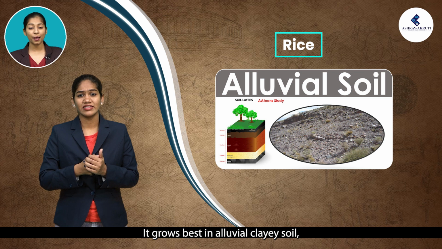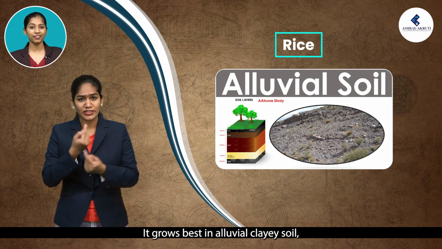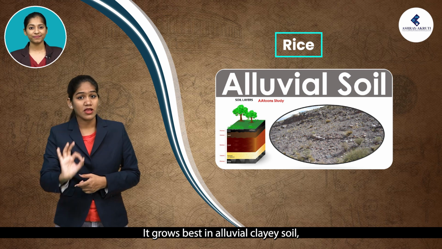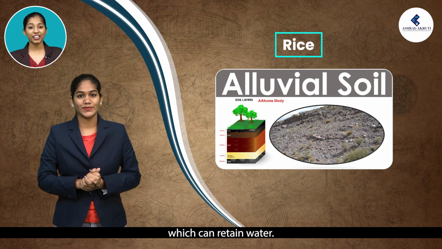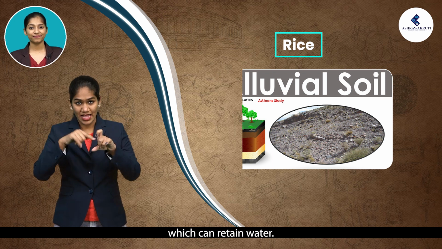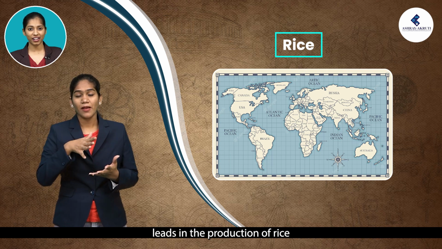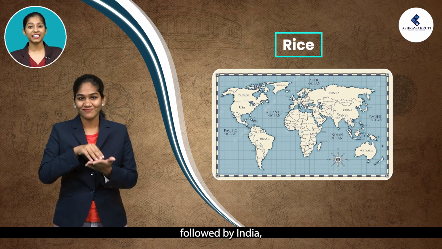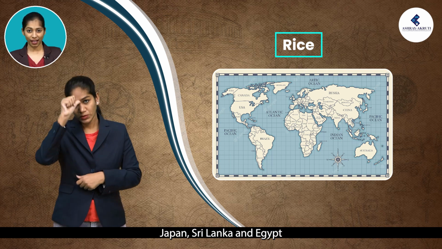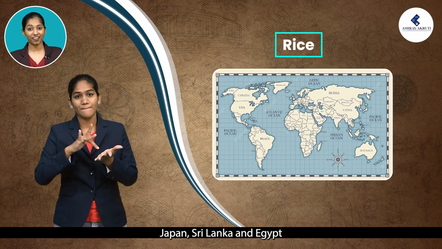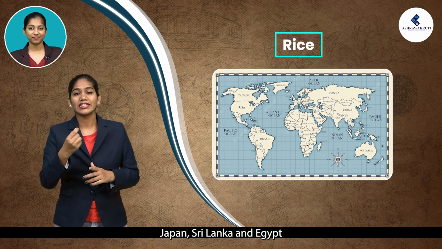It grows best in alluvial clay soil which can retain water. China leads in the production of rice, followed by India, Japan, Sri Lanka and Egypt.